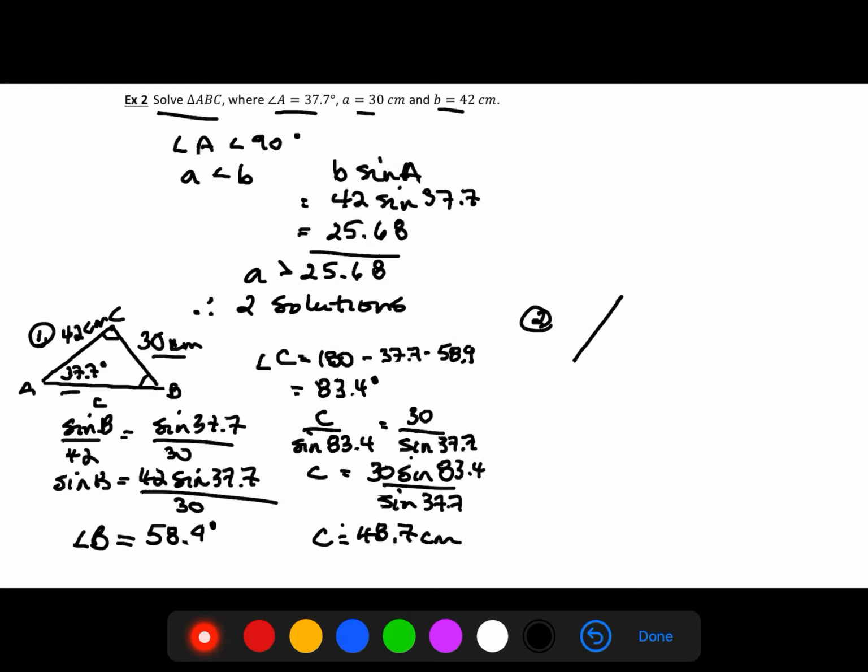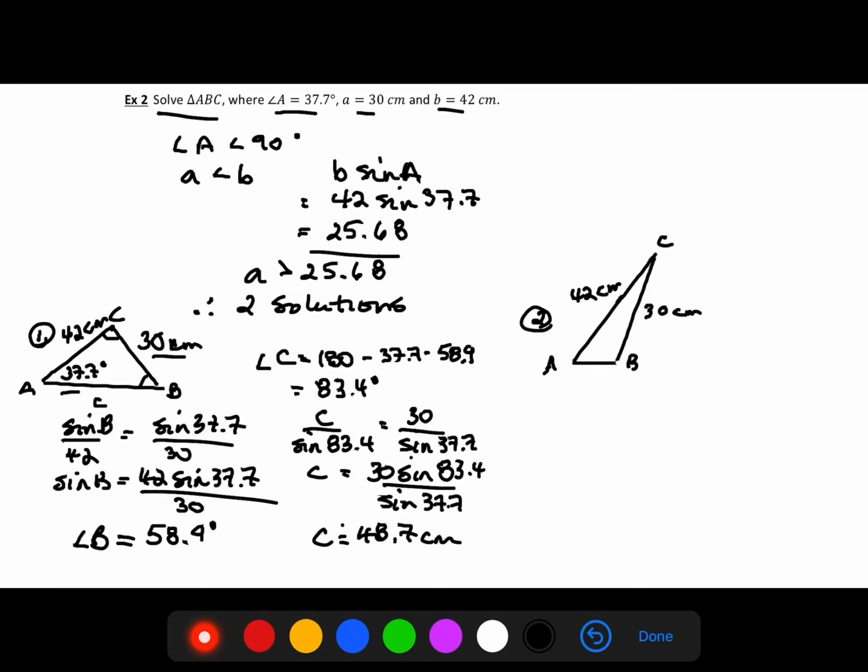Okay, so that's one solution. We still need to do our second solution, where we have our obtuse angle for angle B. So we're going to have here our side coming down and meeting up, creating an obtuse triangle.